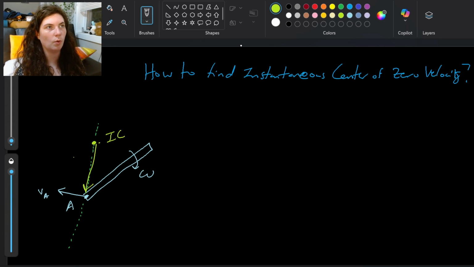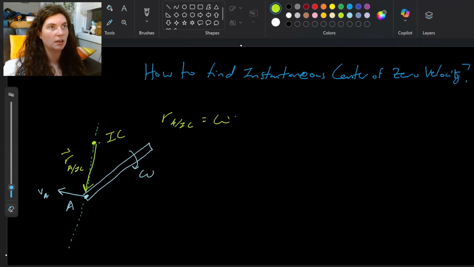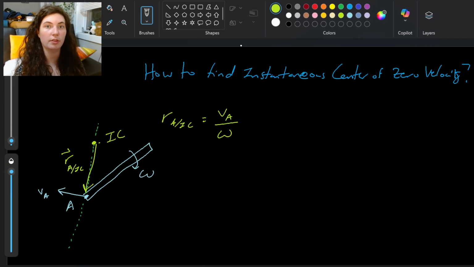So my IC is some point out there, where this position vector, R of A with respect to IC, can be found with, no, not omega times, sorry, I have this written backwards. Our position R of A with respect to IC is the velocity of A over omega. Those are both given, right?